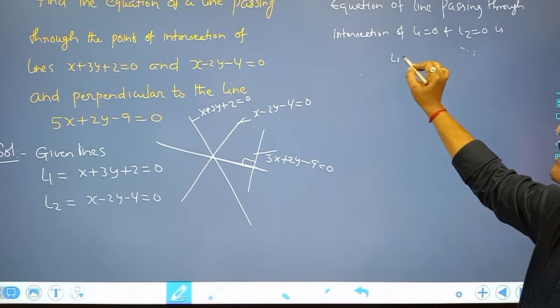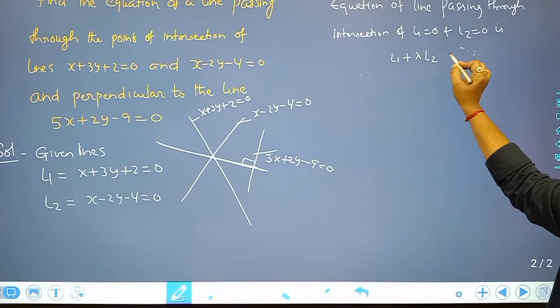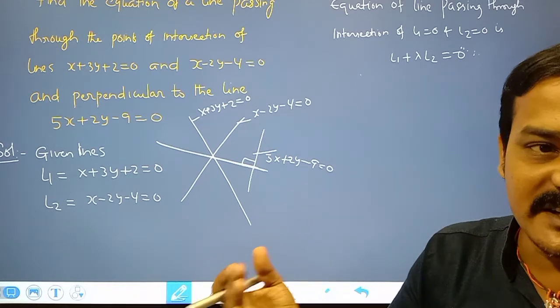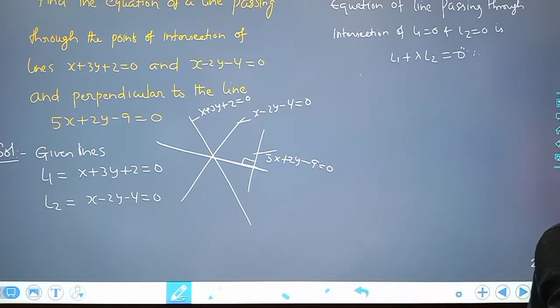It is L1 plus lambda L2 is equal to 0. That means the equation of a line passing through the intersection of these two lines L1 and L2 is L1 plus lambda L2.